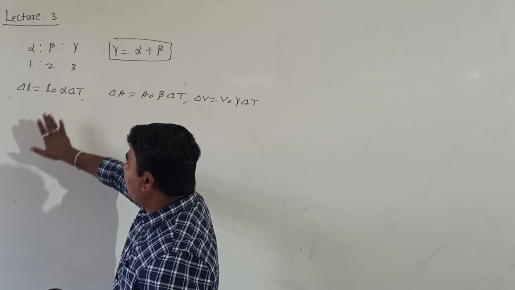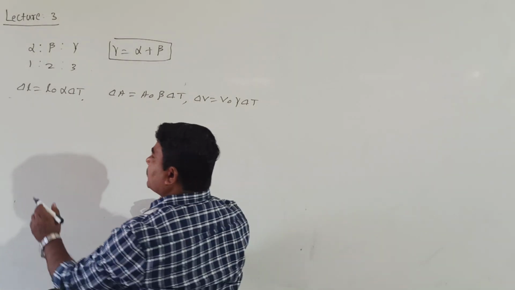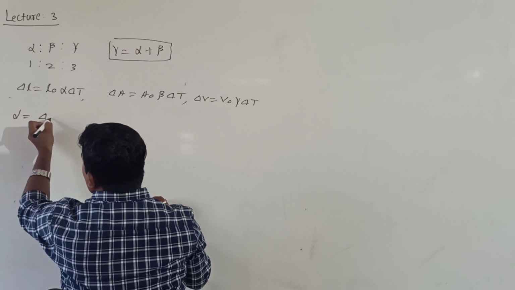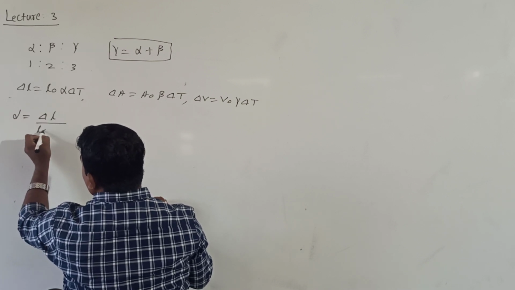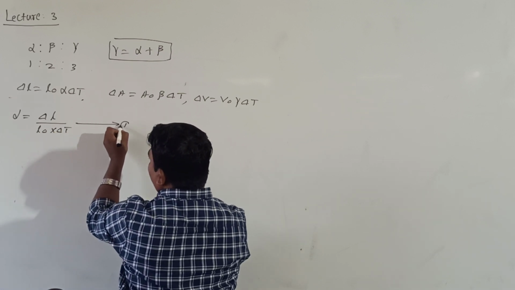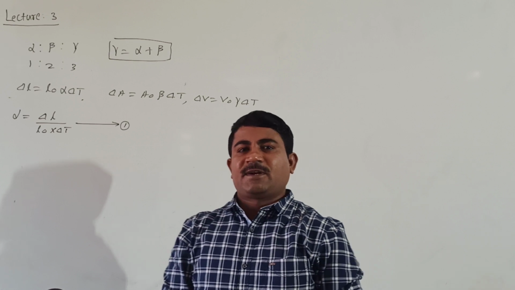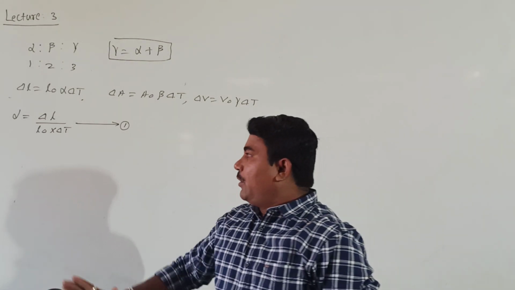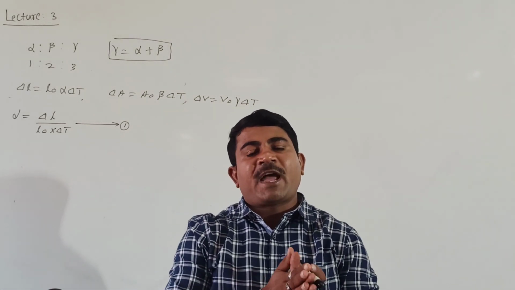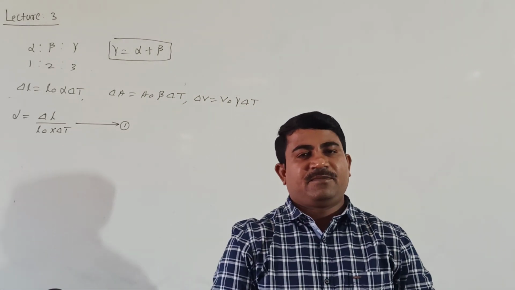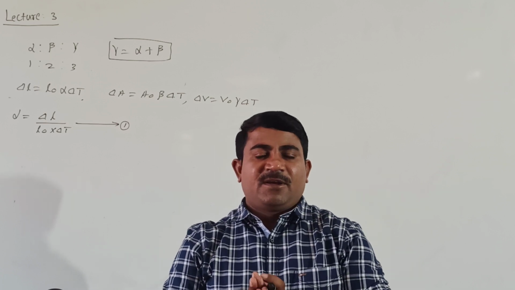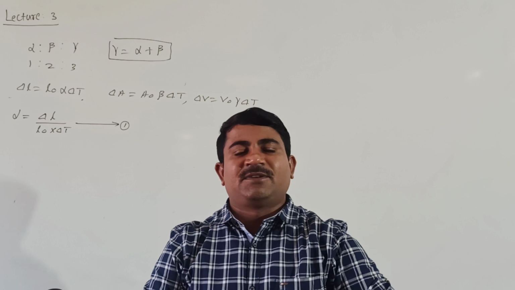Now students, from this equation, how to write alpha? Alpha equal to del L divided by L0 into delta t. Shall I call this equation number 1? Right. Now for the coefficient of linear expansion, how do we represent fractional change in length?